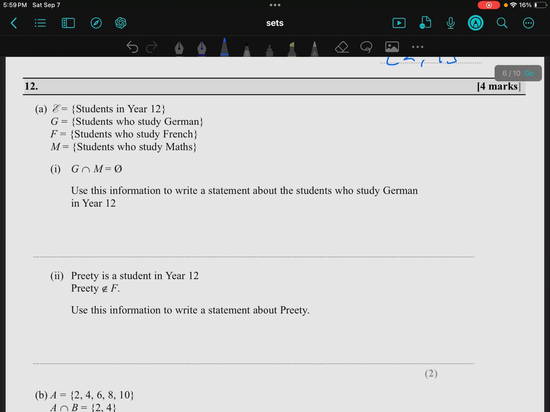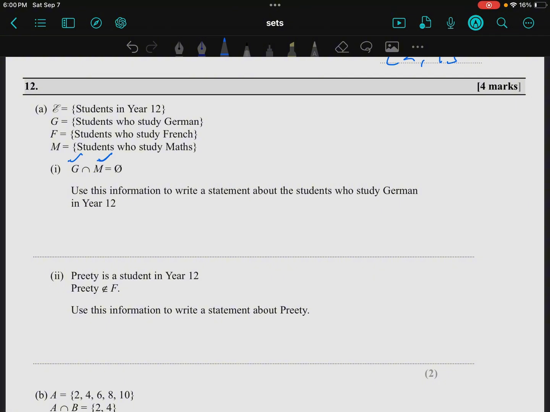Coming to the next question. Universal set is students in year 12. G is students who study German, F is students who study French, and M is students who study maths. G intersection M is equal to 5. Use this information to write a statement about the students who study German in year 12.